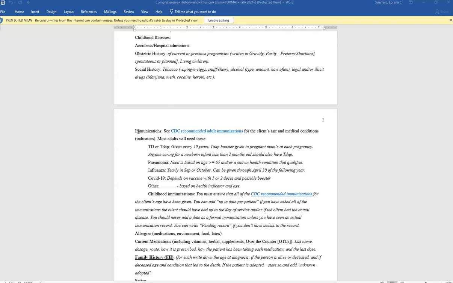Or you may be working in a place that has standing orders, and they basically say, if it's recommended and the patient and parent or whoever wants it, you can give it. That's what we call a standing order. Eventually in the program, you will learn how to read these immunization records, because that's exactly what you're going to be doing.